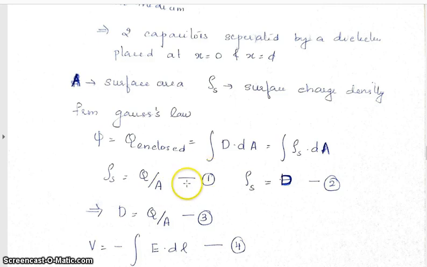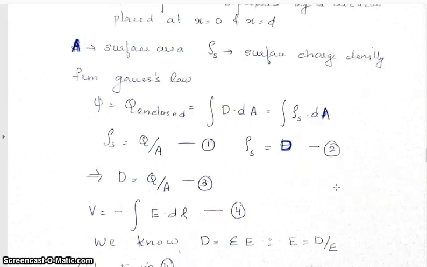So that is equation 1. Okay. Now we also have another expression, D is equal to rho S. Okay, from this itself we can see that D is equal to rho S, that is equation 2. So if you compare 1 and 2, you can write D is equal to Q by A. That is equation 3.